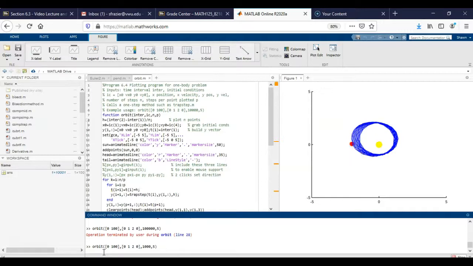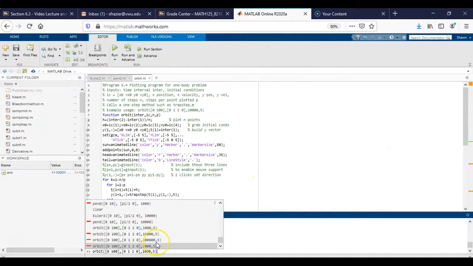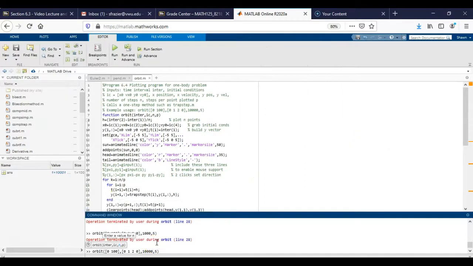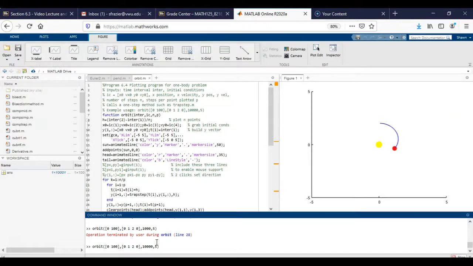So if we up it to 10,000 steps, remember for this one Euler was spinning outward. Here, let's see how the trapezoidal method does.